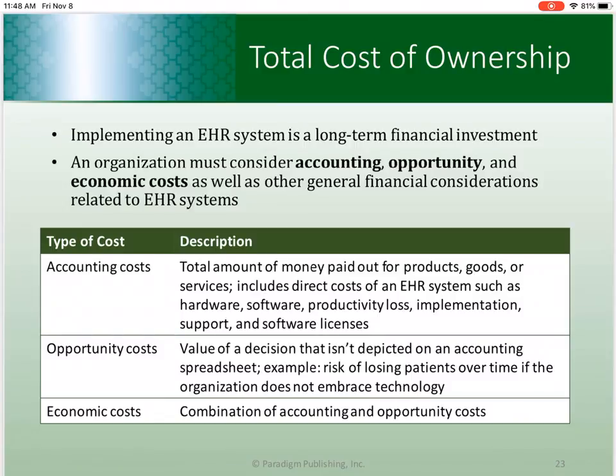So your accounting cost is the total amount of money paid out for products, goods, or services. The accounting cost of an EHR system includes the hardware, which is servers or your actual workstations, scanners, printers, any other type of hardware that you would need, software, productivity loss, because things will slow down once you transition from what you've done for years to doing something new, a new process.